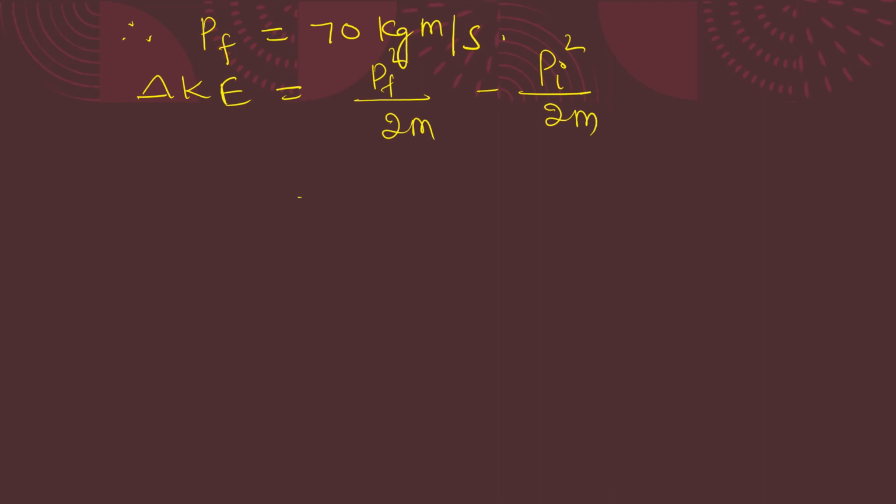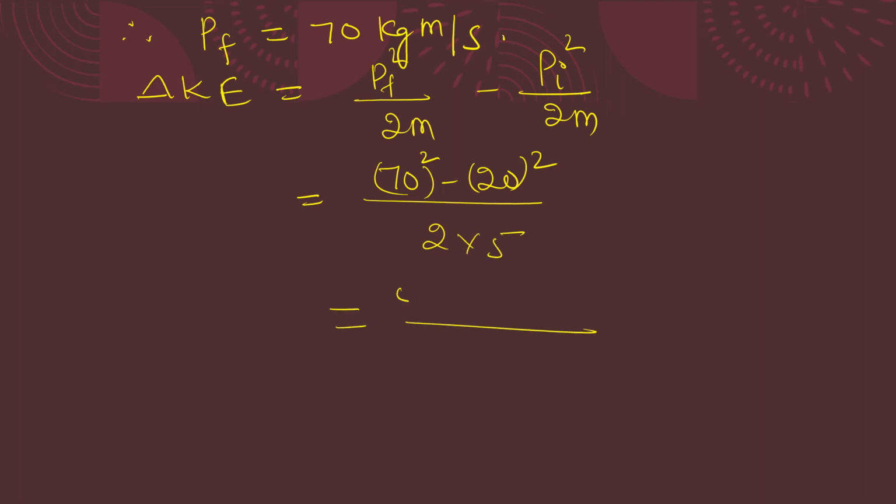Substituting the values of Pf and Pi, 70 square minus 20 whole square, by 2m, where 2m is nothing but 2 times 5.